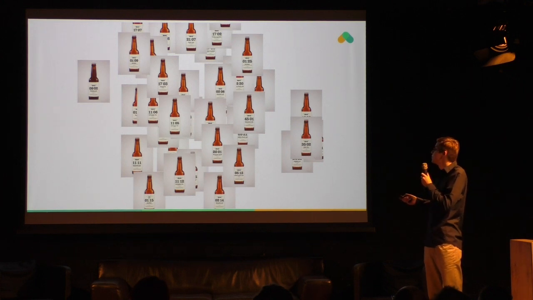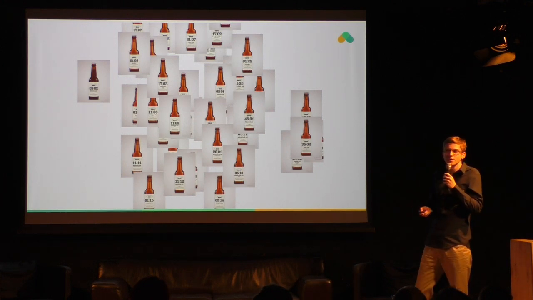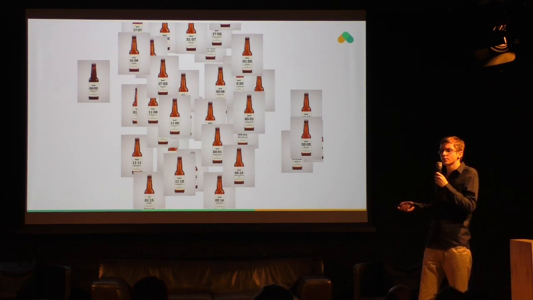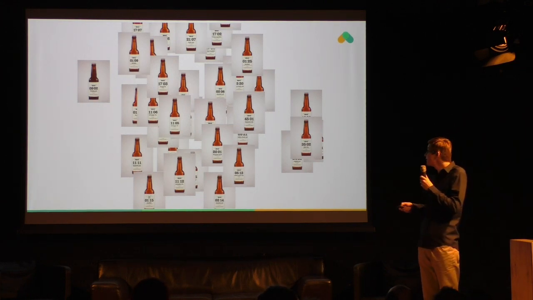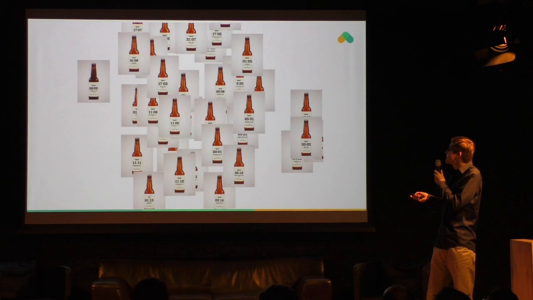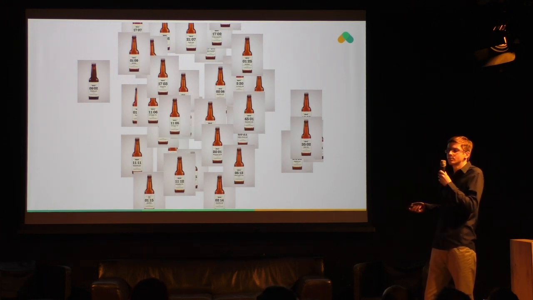This is a data set with beers. Why is it interesting? Because there are only beers, and the beers are either in bottles or in cans. So, of course, there are 2 big clusters of bottles and cans. That's expected. But then all the bottles have to be clustered somehow.